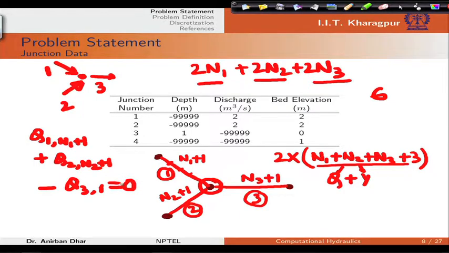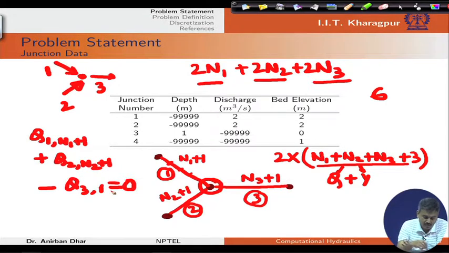So, inflow is coming from channel reaches 1 and 2, and this flow is going out from section 3 1 of channel reach 3. So, we have this discharge condition.